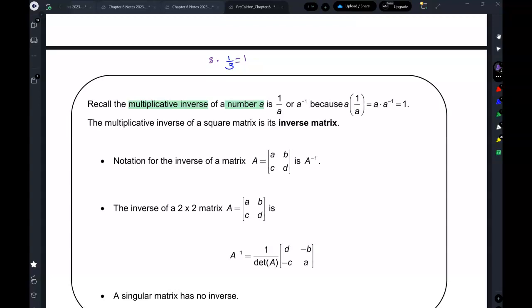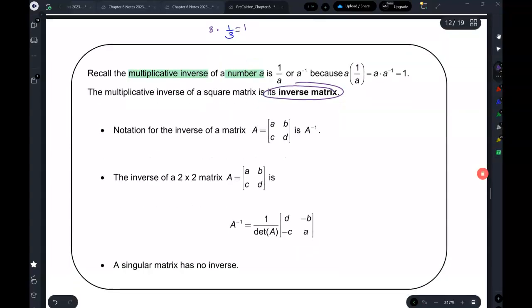So the multiplicative inverse of a square matrix is the inverse matrix. Okay. Now, the notation for the inverse matrix is A to the negative 1, just like you're used to, right?